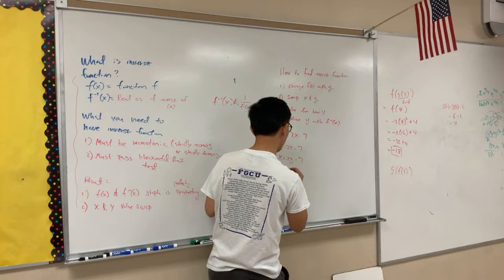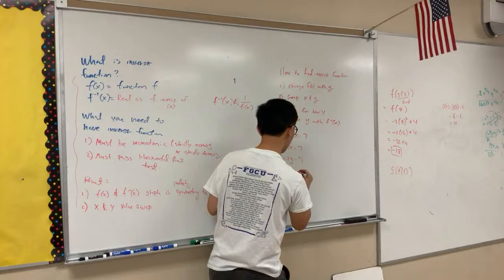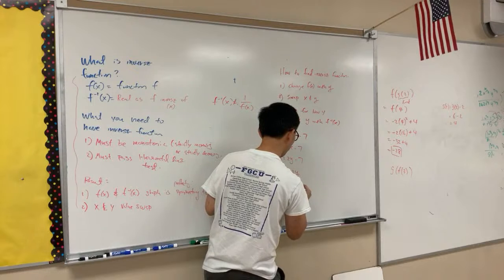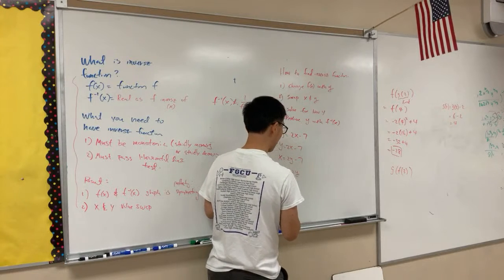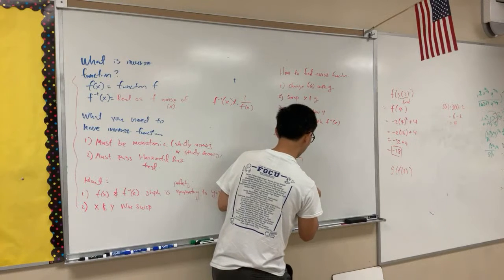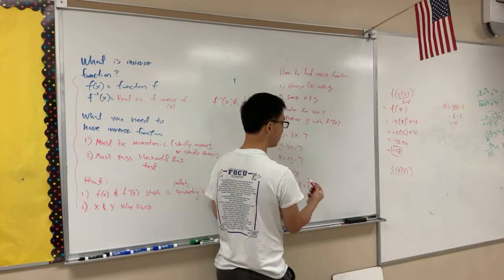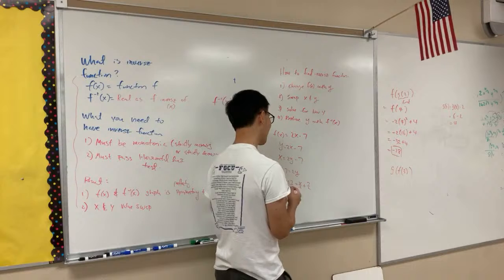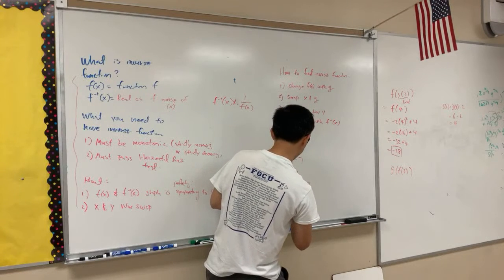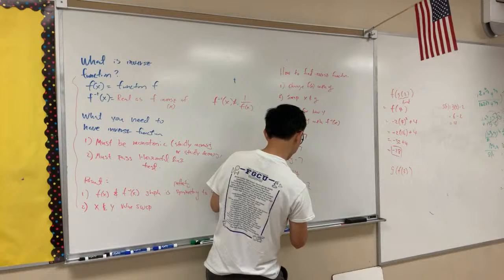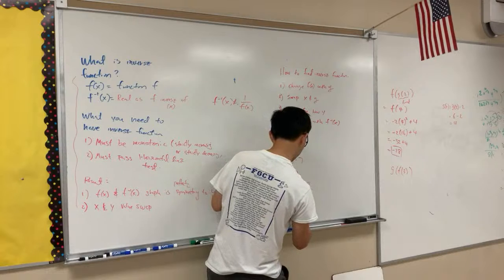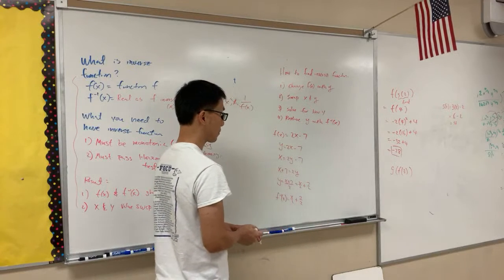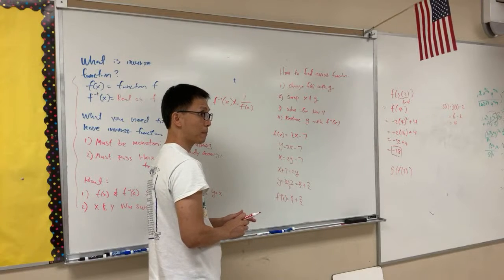Solve for y, so it's going to be x plus 7 is equal to 2y. Y equal to x plus 7 over 2. That's equal to x over 2 plus 7 over 2. I like this format better, it's just my preference, because I like the bottom to be divided out. And I'm going to replace that y with f inverse of x. Are we okay here? It's pretty easy, right?